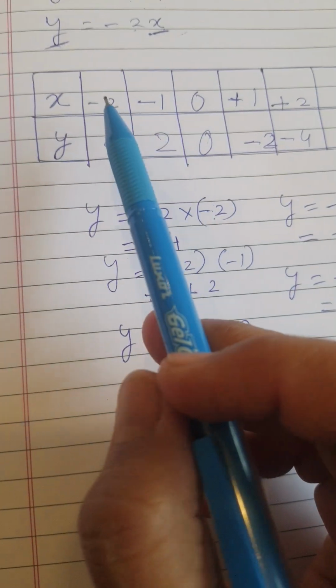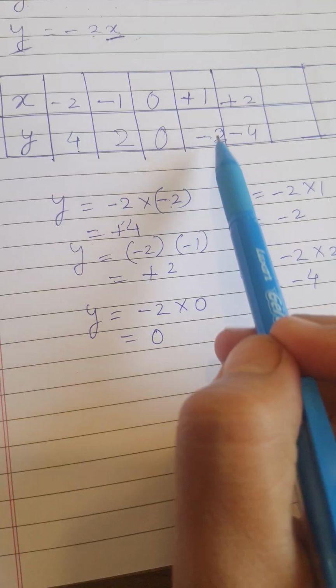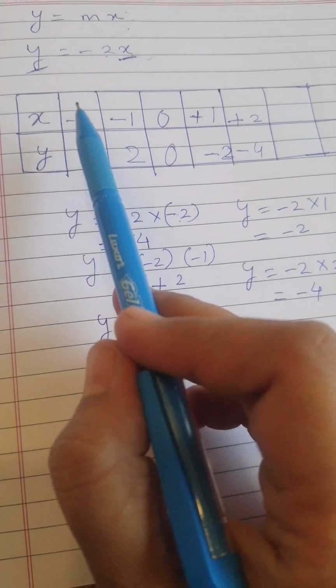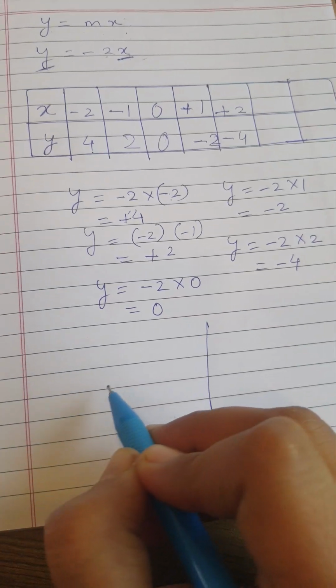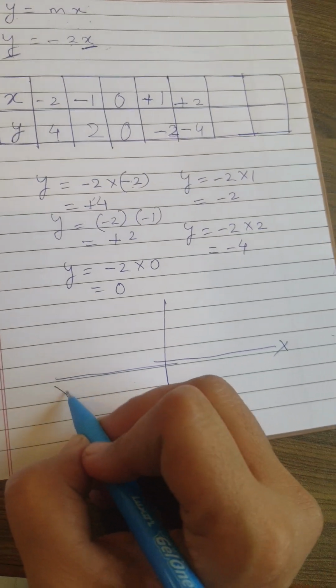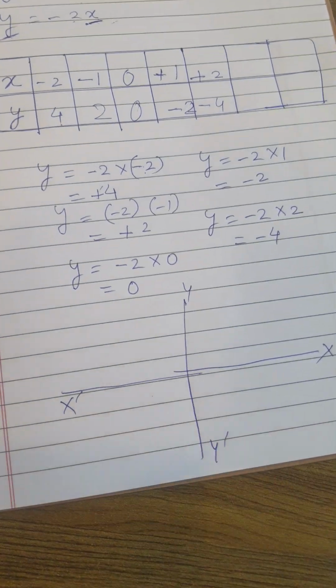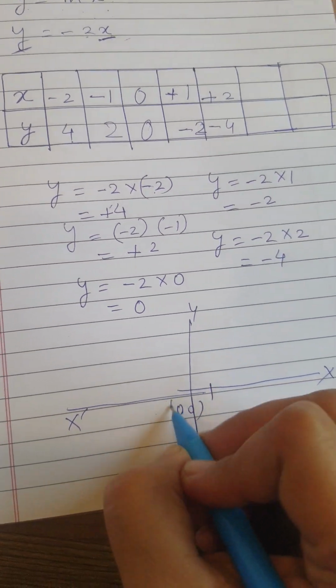Now what do these values of x and y indicate? These are the coordinates of the points which we are going to plot on a graph. Make the x-axis and y-axis. This is our origin 0, 0.